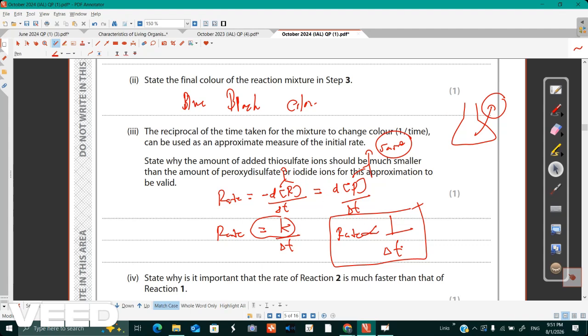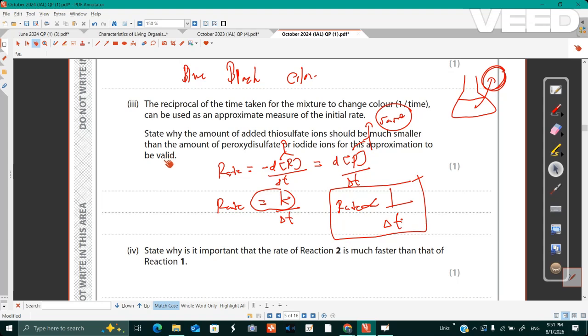So you can make the assumption that rate is inversely proportional to T, because T is the only variable, since the change in product or reactant concentration is always constant. I hope it is clear, because the measurement is made when the same concentration of product is there in the solution mixture. That is why we can make this assumption.